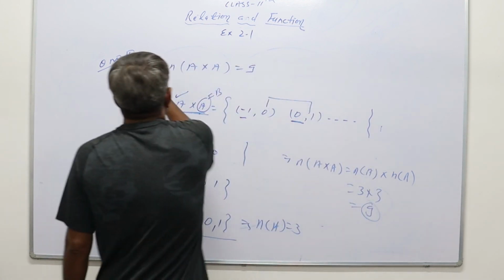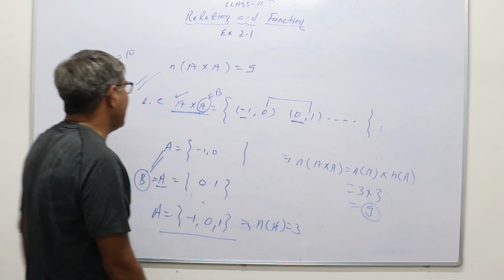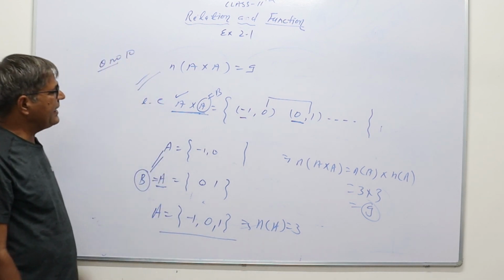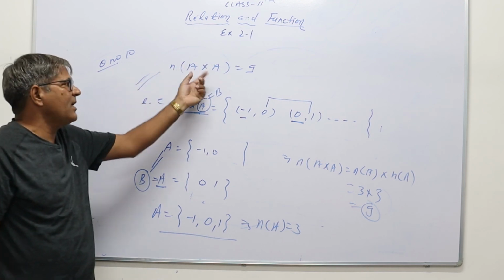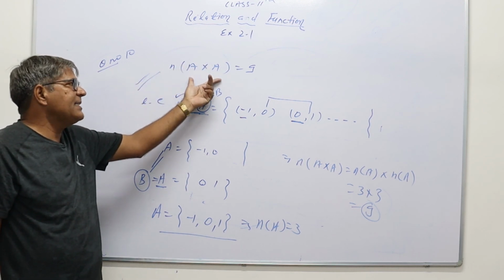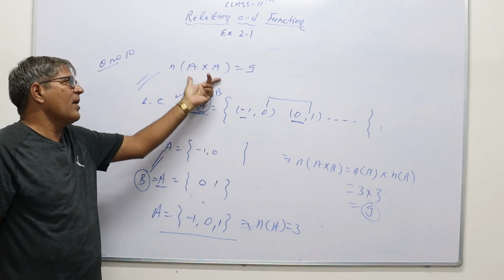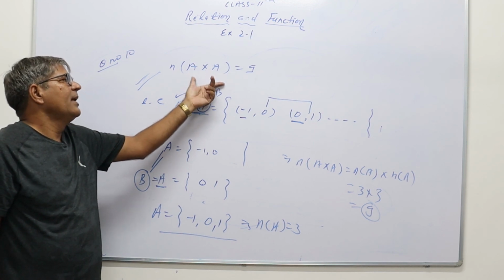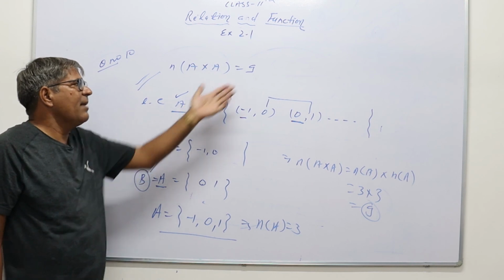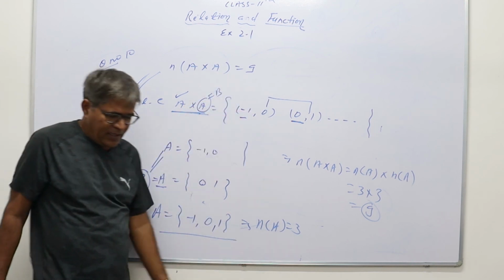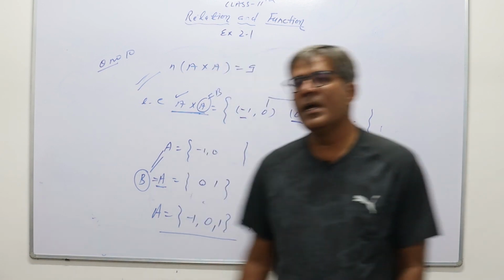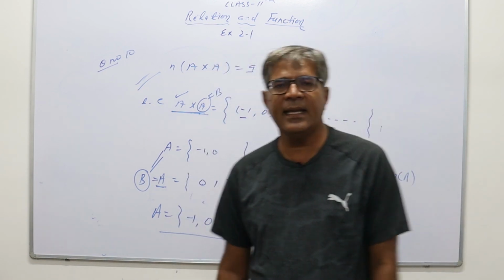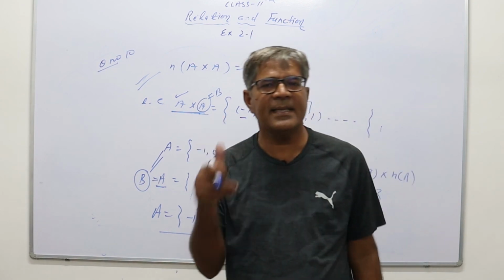So in this way we can find the exact elements in the given set A when n(A cross A), means the Cartesian product of the given set with itself, is defined and the number of elements is given. So thank you students. Hope you like this video. Please like it, share it and subscribe.